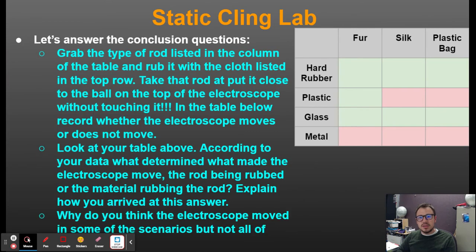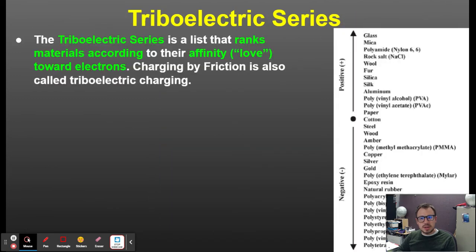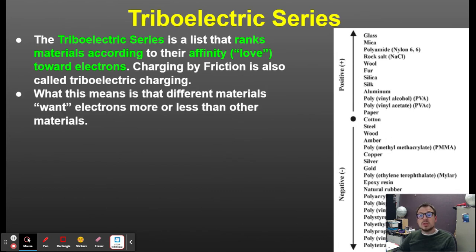And the last one we had was the static cling lab. These were the answers that you should have gotten for the static cling lab. And what determines which object gains and loses electrons when charging by friction? It's the triboelectric series. It's a list of materials ranked according to their affinity for electrons. Charging by friction is also called triboelectric charging.